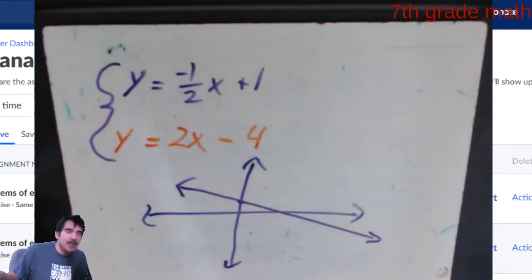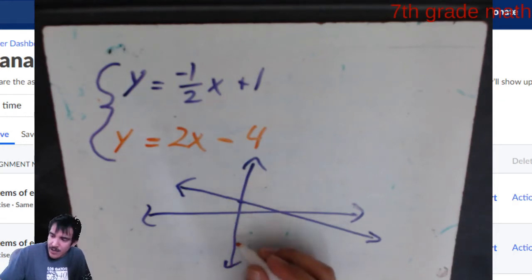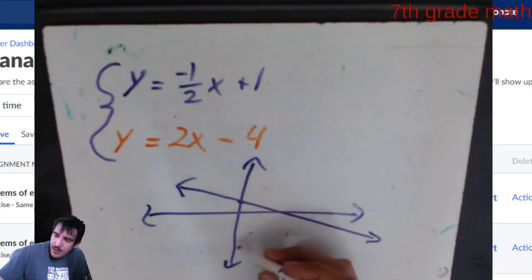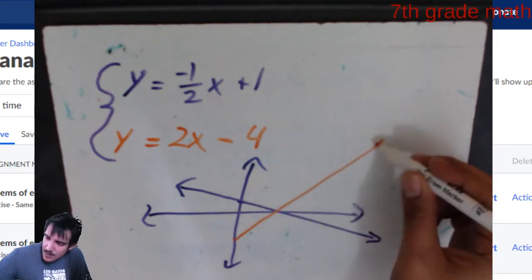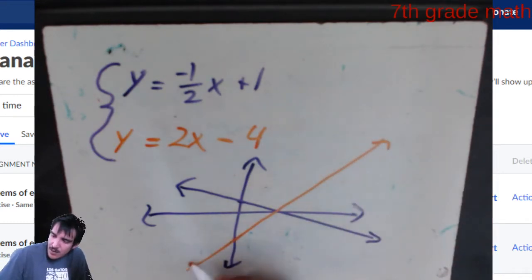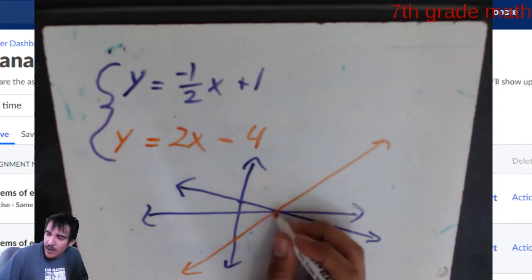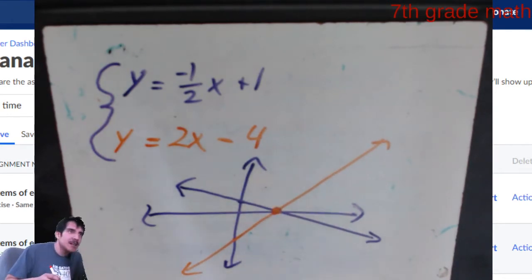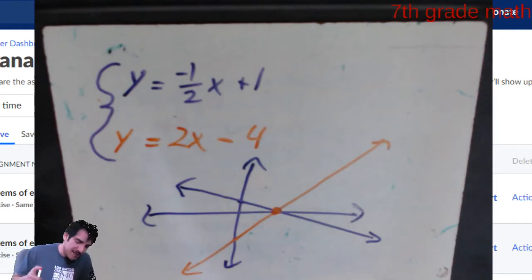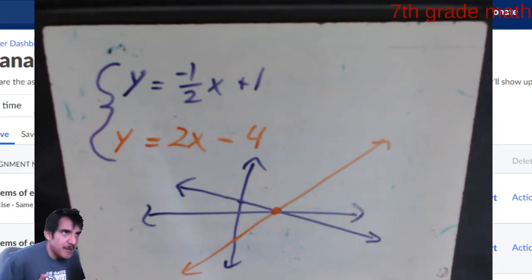Then the orange one is going to start down lower and it's going to be steeper, so it'll maybe look something like this. So when we graphed two different lines, we saw that the point where they both cross is the point we want to find. That is the solution.